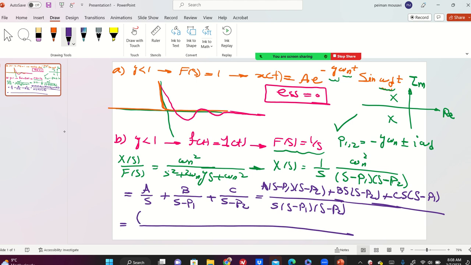okay, so this equals, if I write in s squared, you have a plus b plus c.